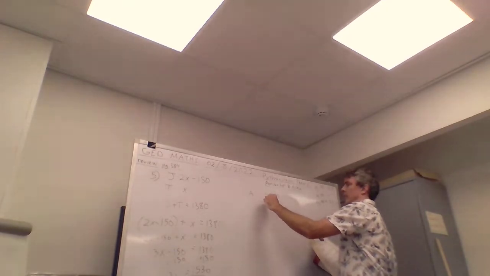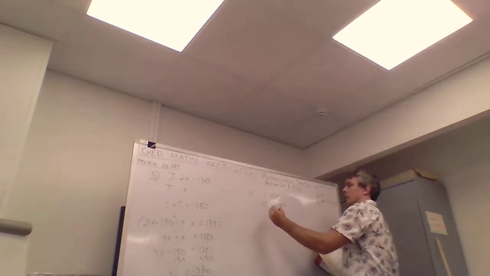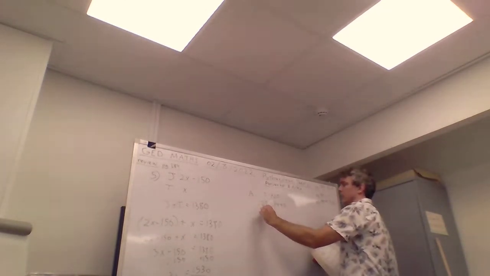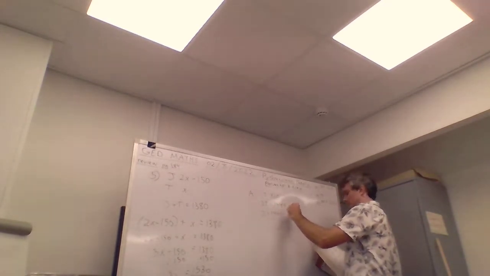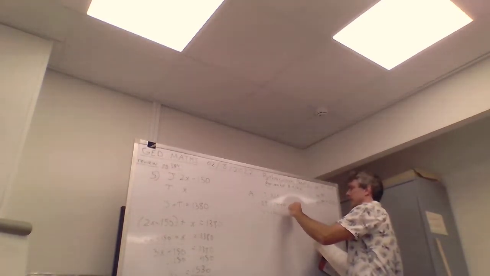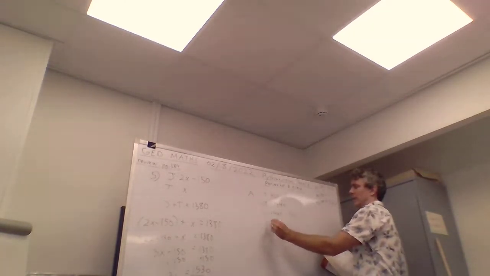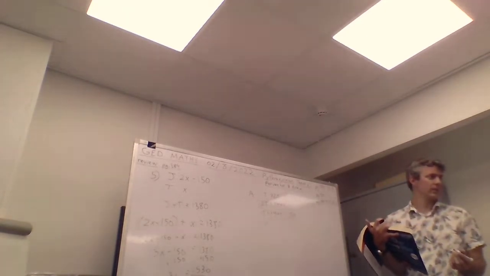So 2 times Tom equals 1440. And Jan is 150 less than that, so Jan equals 1440 minus 150. And what does that equal?